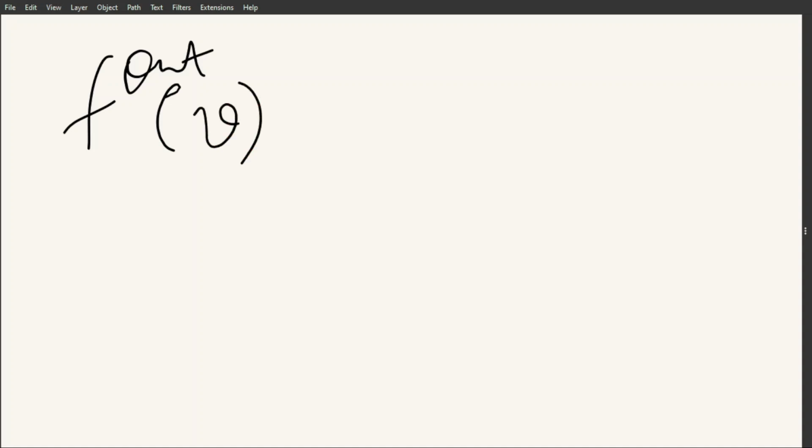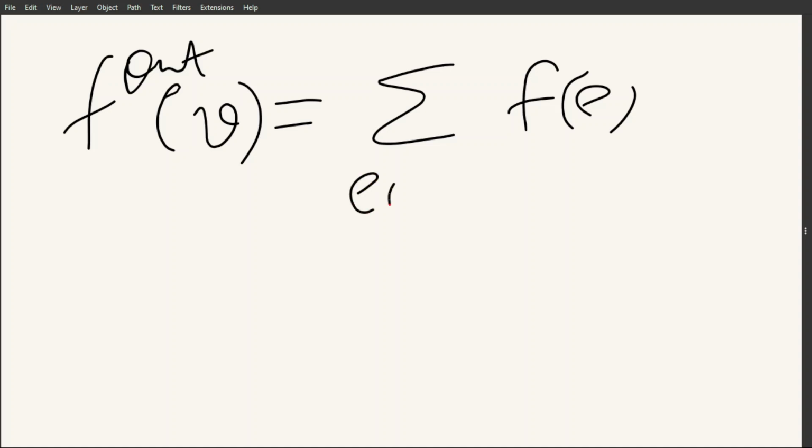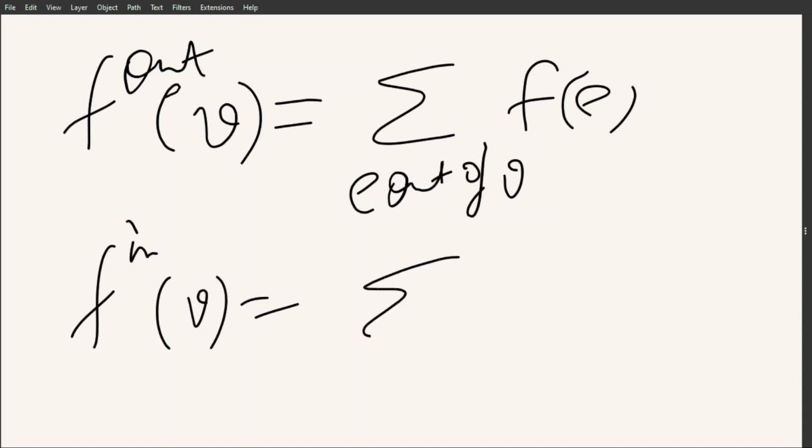So we write F out of some vertex V, again simply the sum of all Fe, E out of V. So this is flow out of V. Similarly we can define flow into V, just opposite, F in of V, sum of all Fe, E into V.